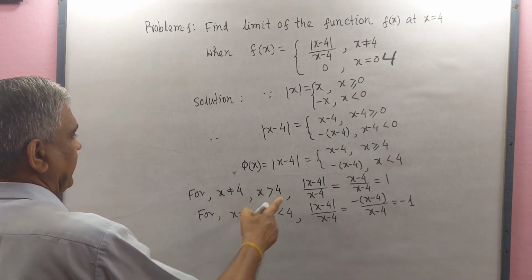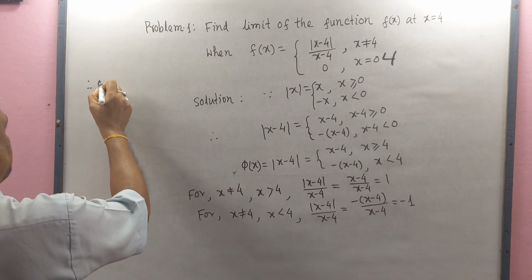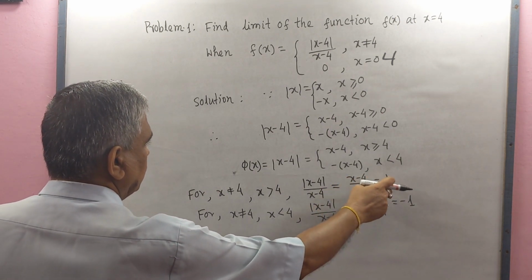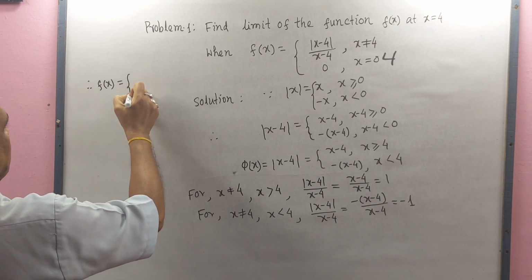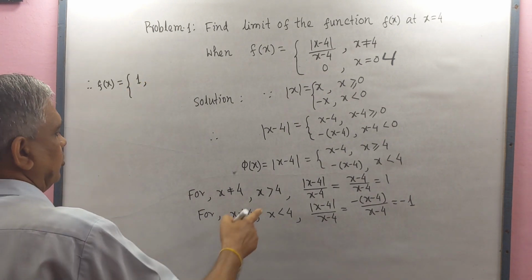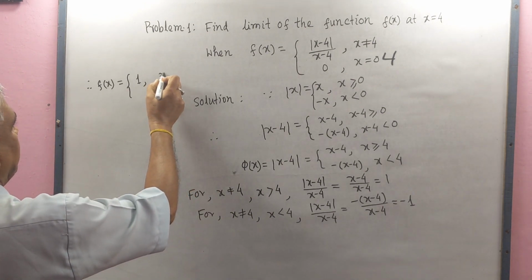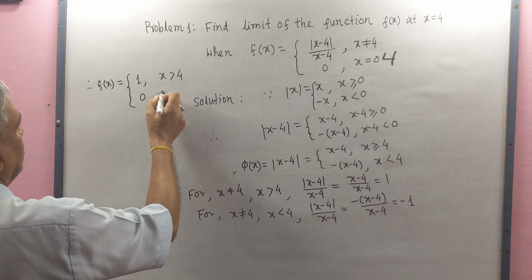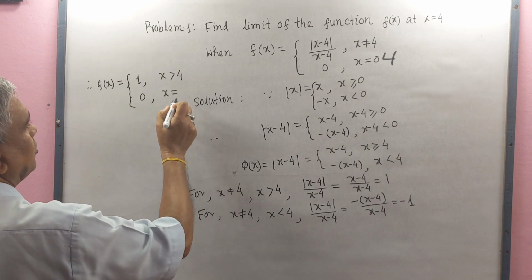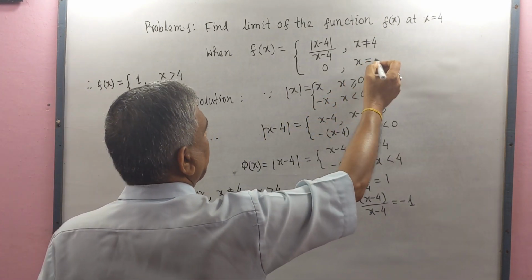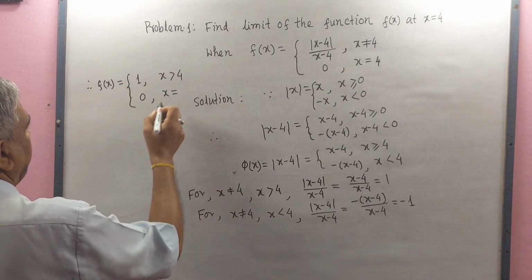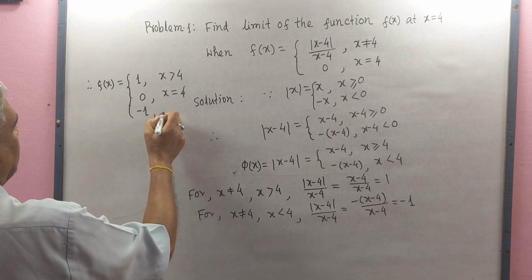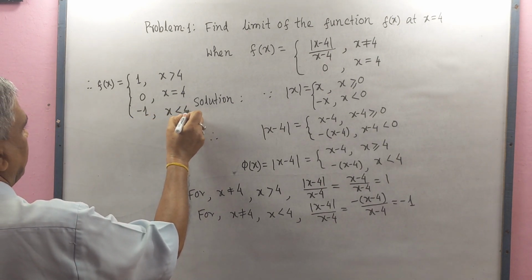Therefore f(x) equals 1 for x greater than 4, f(x) equals 0 for x equal to 4, and minus 1 for x less than 4.